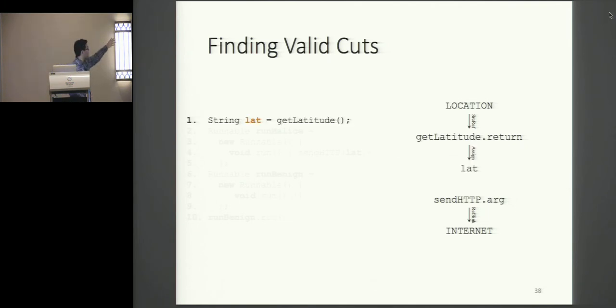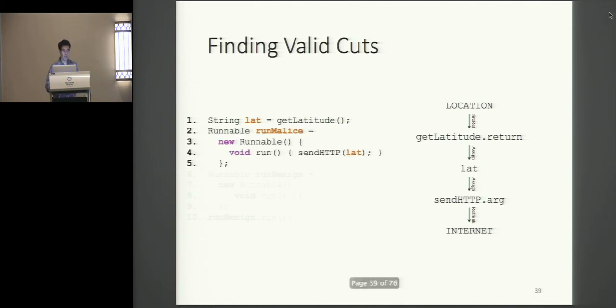The first line of the program, there's an assignment from the return value of getLatitude to the lat variable in the program. And on the fourth line of the program, there's an assignment of the lat variable to the argument of sendHTTP. So at this point, our analysis can already find the source sink flow. To do so, we actually run a context-free reachability problem.